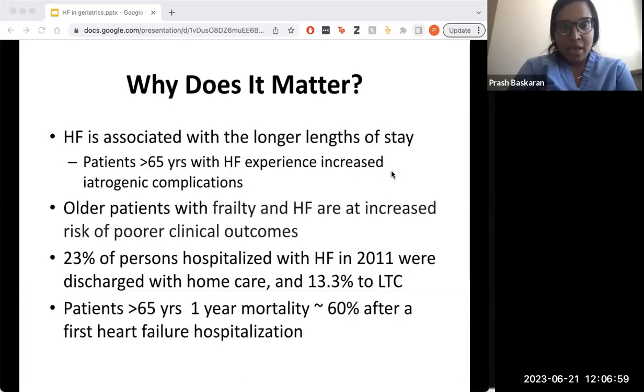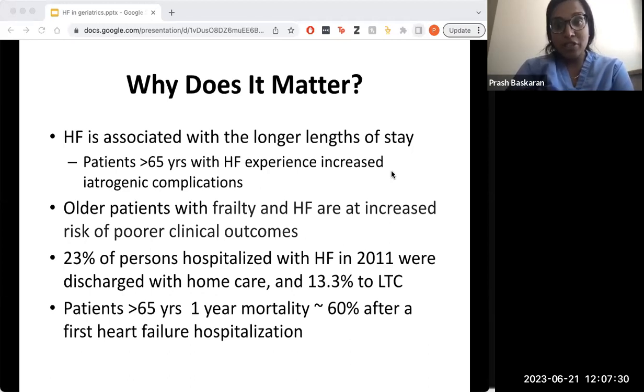Okay, so I've already given you a little bit of a teaser, but why does this all matter to us? Heart failure is known to be one of the chronic conditions that results in the longest stays in hospital. Patients greater than 65 years old with heart failure have an increased risk of iatrogenic complications, and these include things like immobility, delirium, and nosocomial infections.